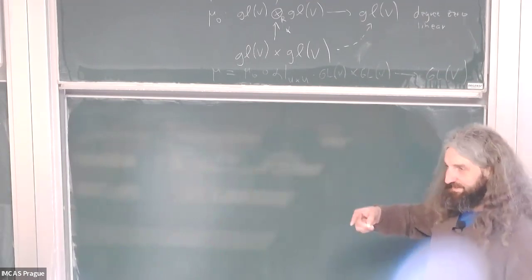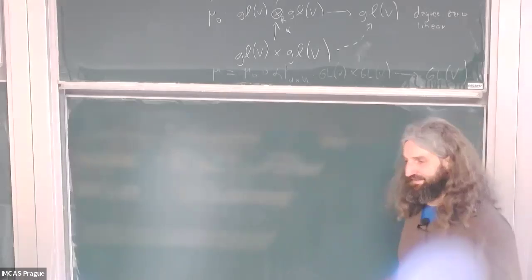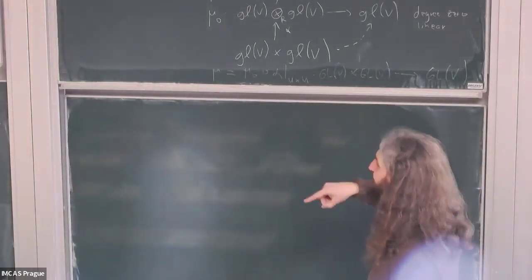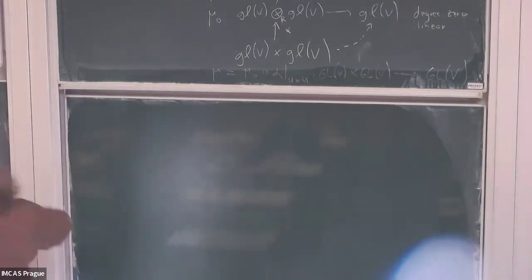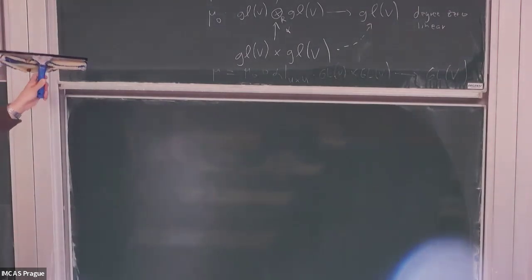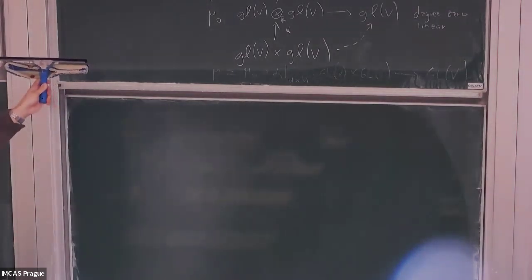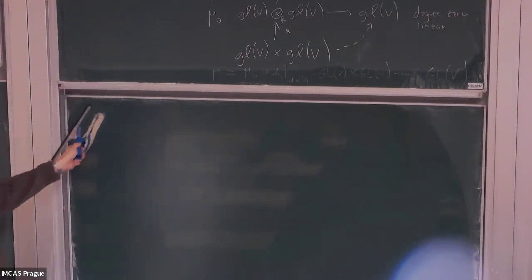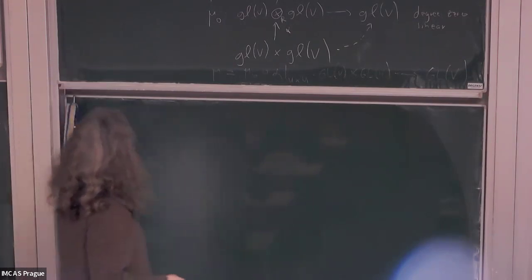And your unit has to be the unit of the underlying Lie group, and the underlying manifold of GLV is a product of GLV k's, right? So of course the unit has to be the sequence of units of those GLV k's.